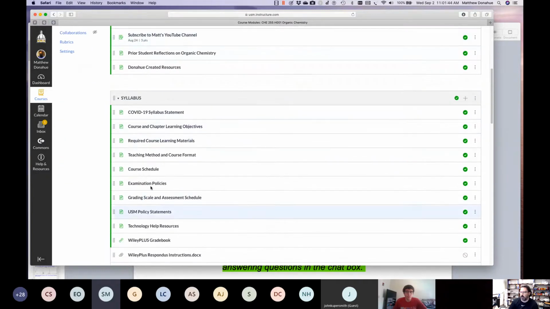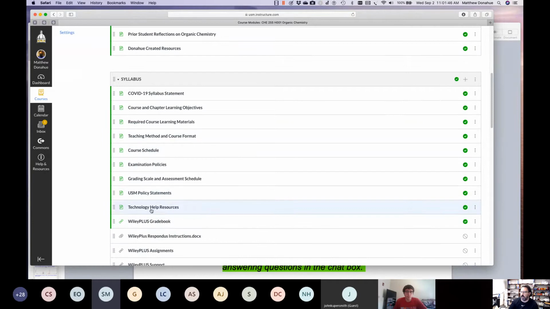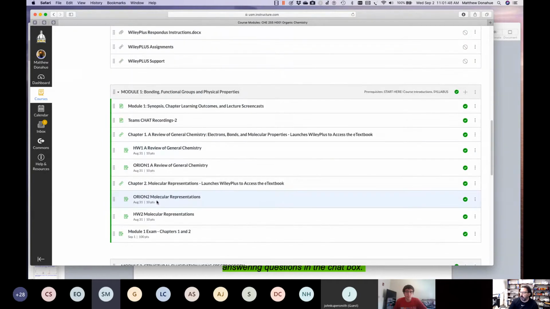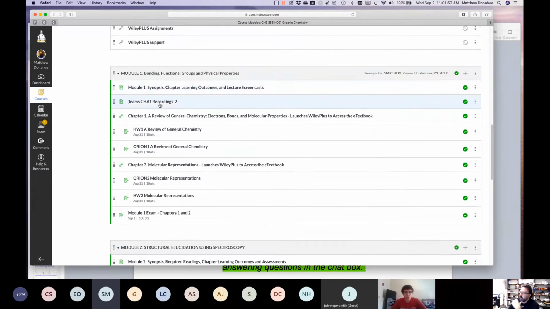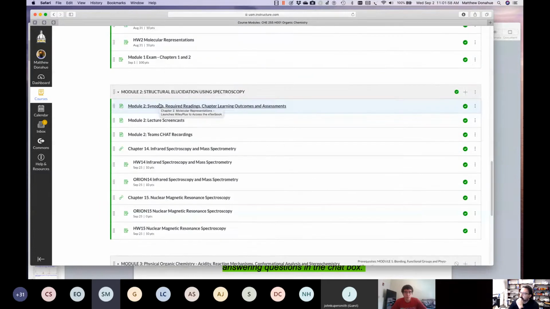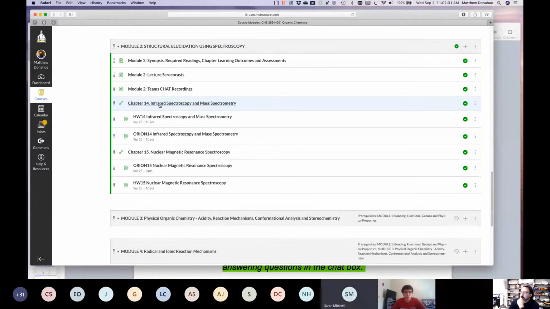Again, here's all of those different sections. So here's Module 1 that we just went through. Again, all of this stuff is now closed. You're tracking some though. So we're in Module 2, which is the structural elucidation using spectroscopy.